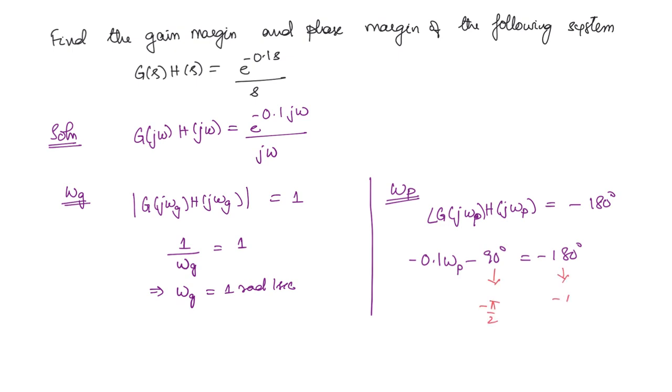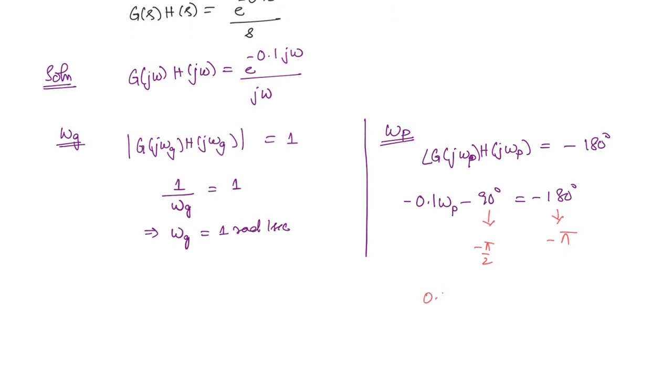This is going to be minus pi, right? So you will get plus 0.1 omega p is equal to pi minus pi by 2, which is pi by 2. So omega p is equal to pi by 0.2. If you solve, you are going to get 15.7 radian per second.